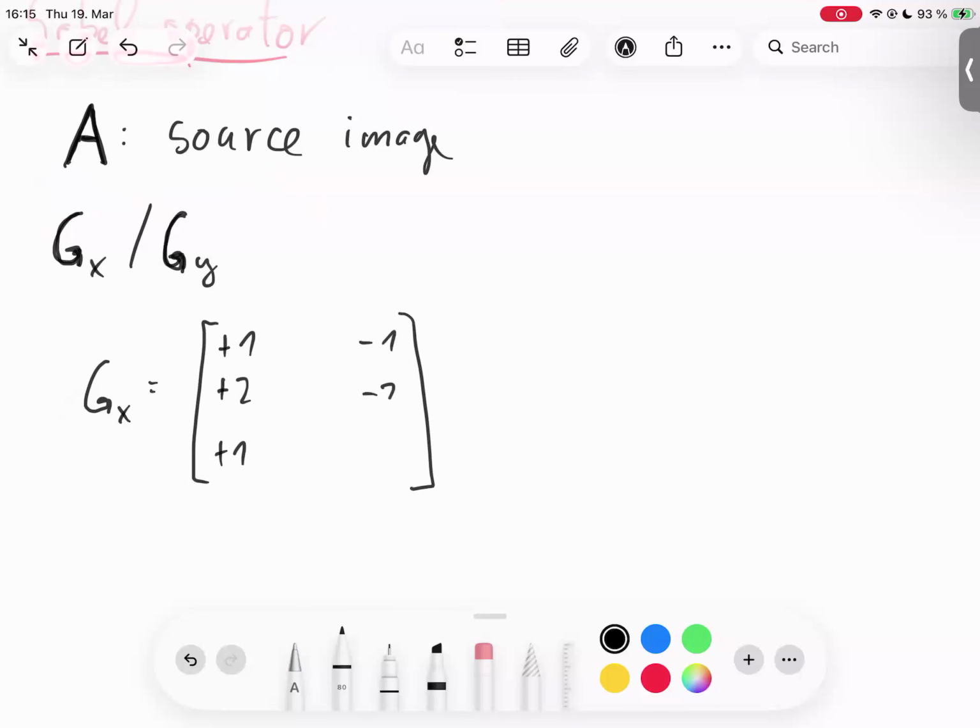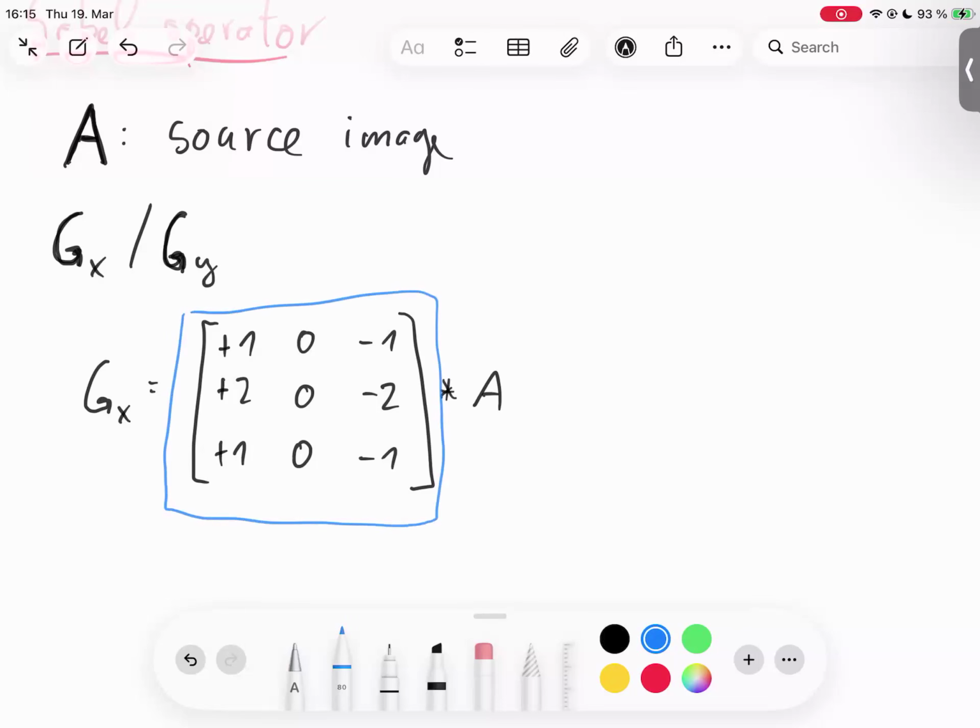And we have -1, -2, -1, and we have the zeros here. This is our operator that we apply on A, our original image, and the sign I'm using here is the star, or a multiplication, that I apply this mask to this image as before.